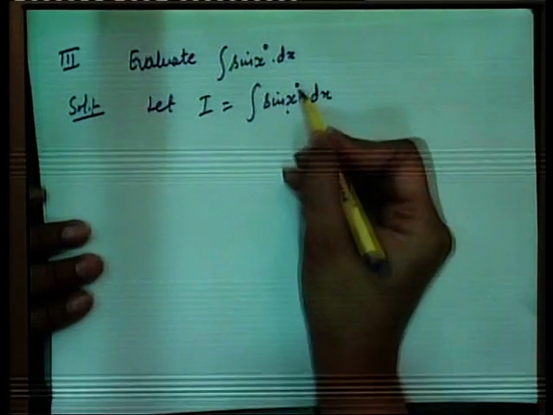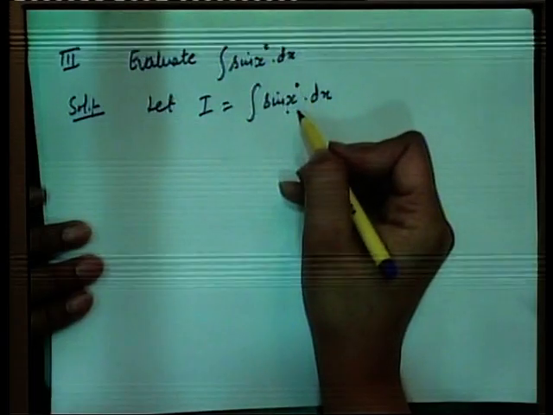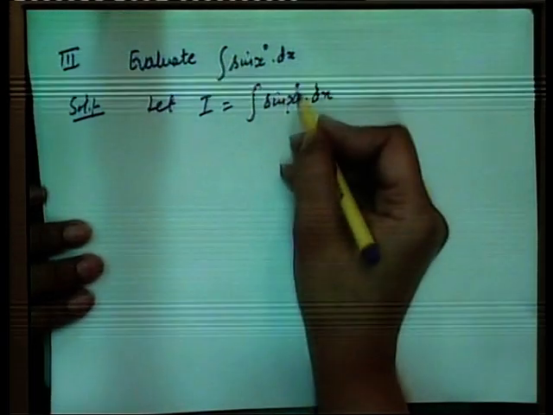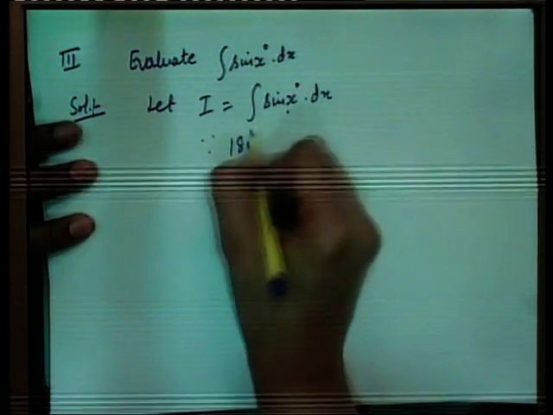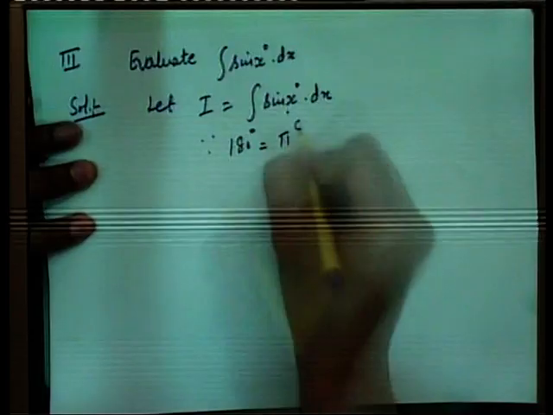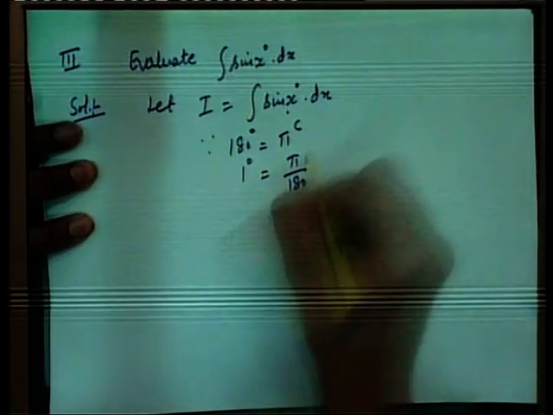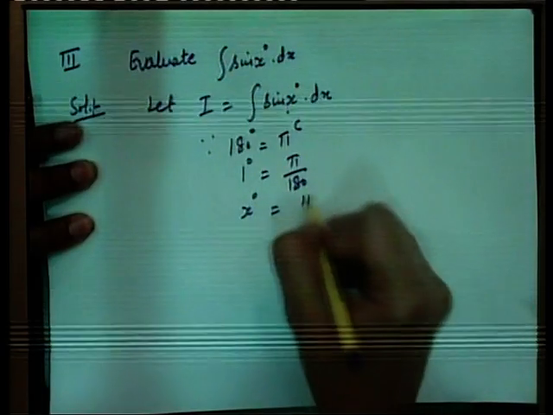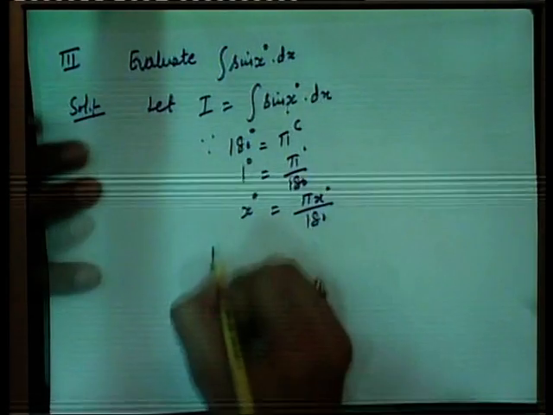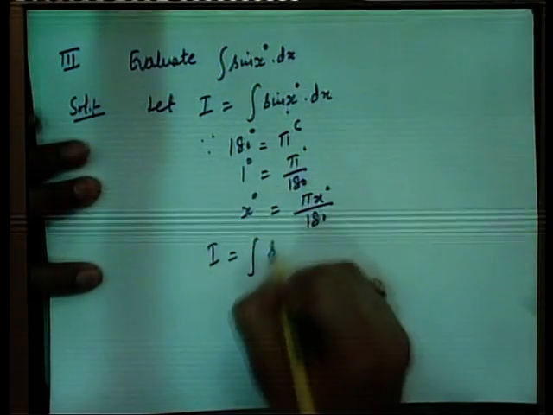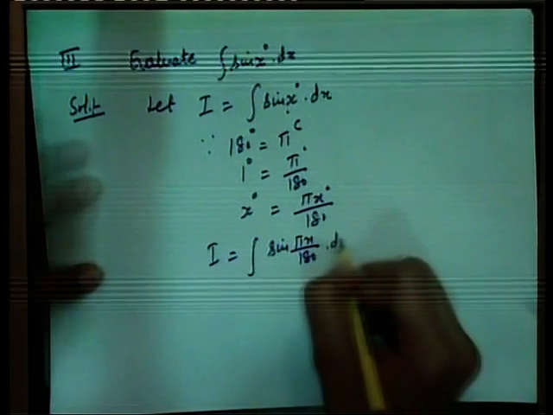First of all, we will change this degree into radians and then only we can integrate. We know the relationship between degrees and radians: 180 degree is equal to pi radian, or we can say 1 degree is pi over 180 and x degree becomes pi x over 180 radians. Now, I becomes integral of sine pi x over 180 into dx.